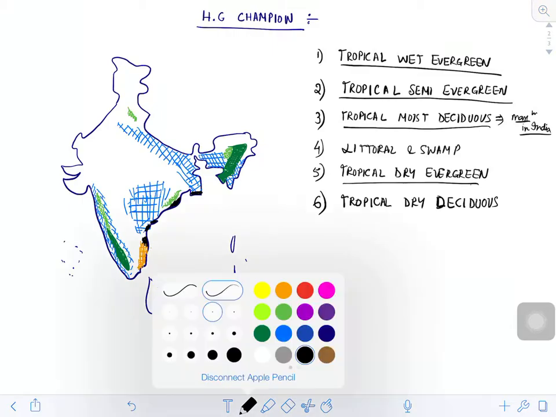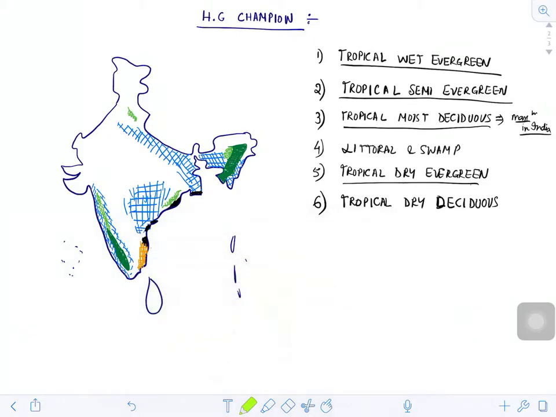We'll find it in a lot of areas, that includes this area, your entire Ganga Delta, then MP, then Maharashtra, parts of Karnataka, Gujarat.